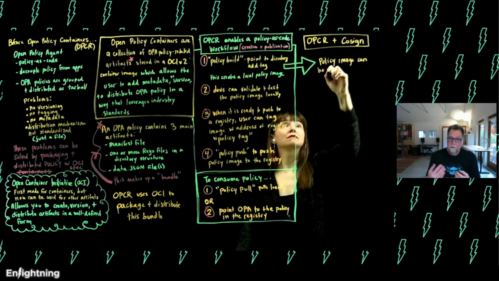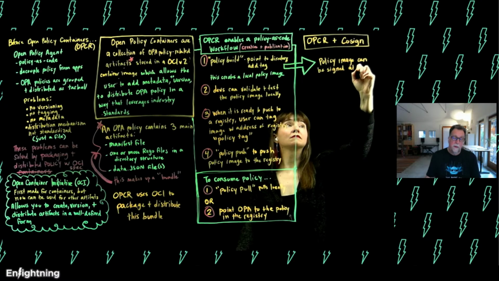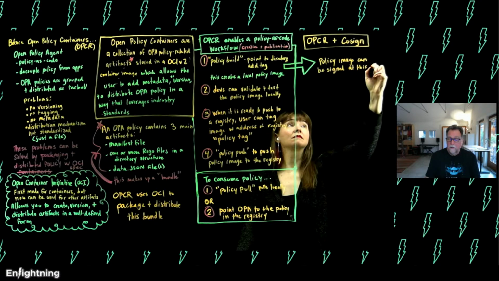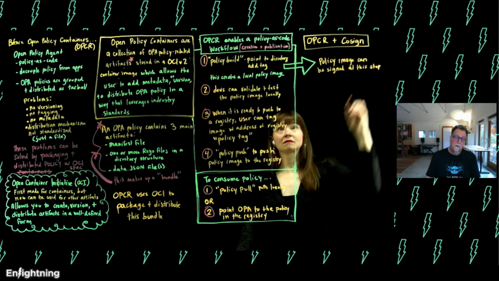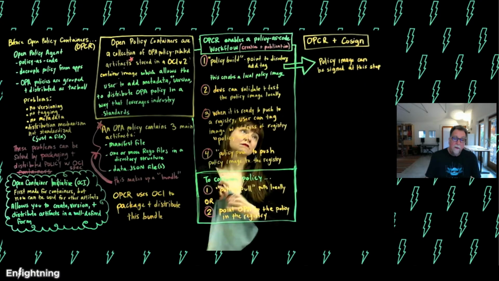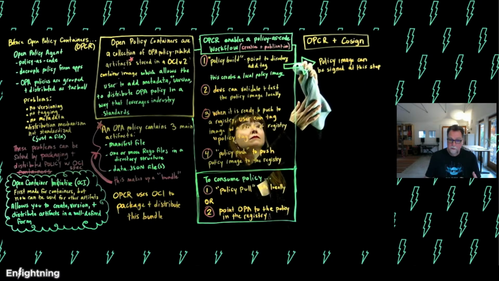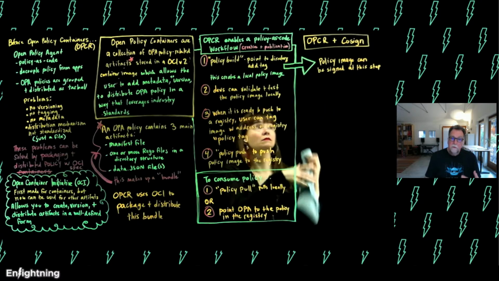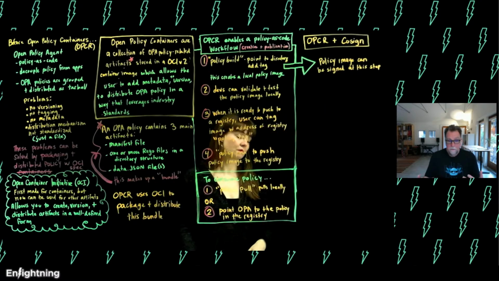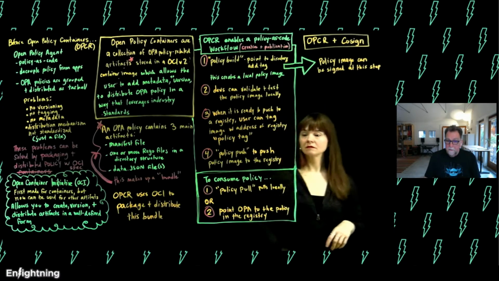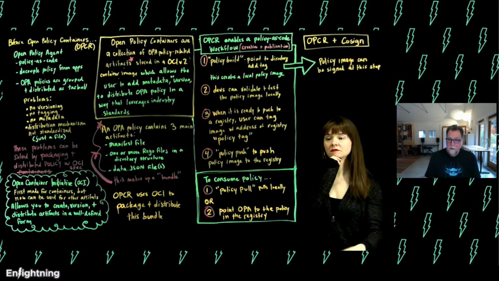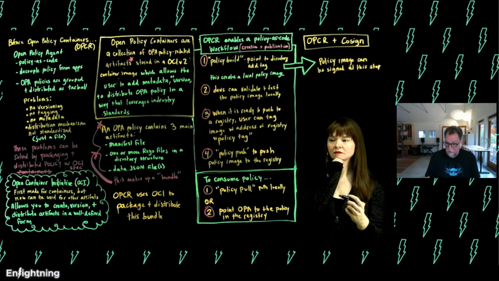Now, the thing that enables is somebody who's consuming the artifact can now use cosign verify, using the public key, to say, hey, is this still the same policy? Or is this the same image? Has it been tampered with or not, right?